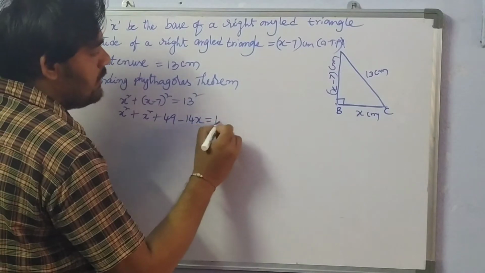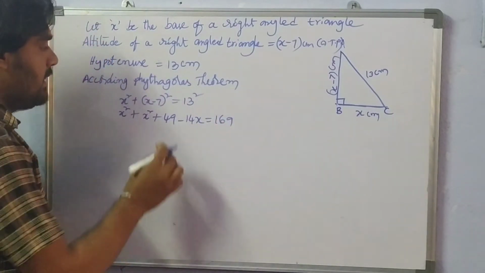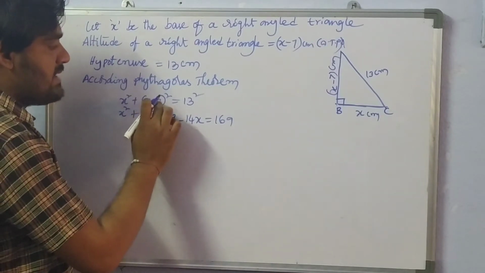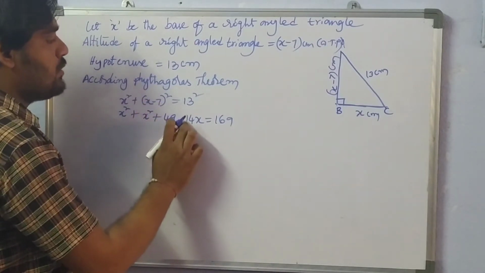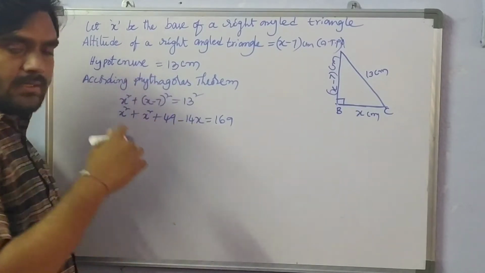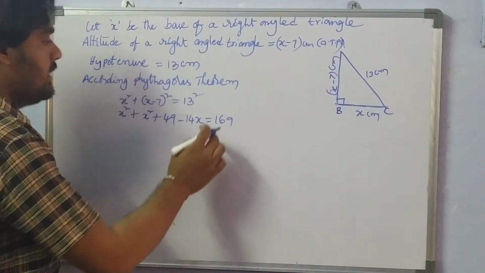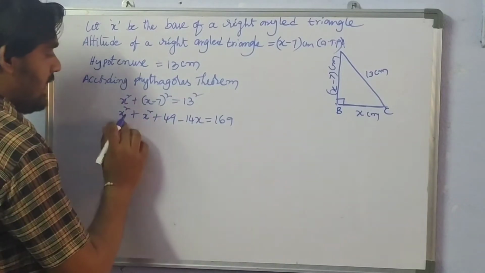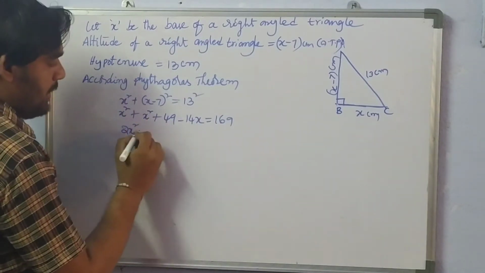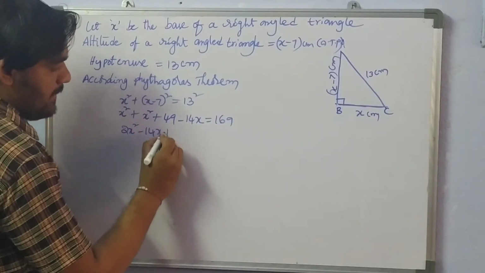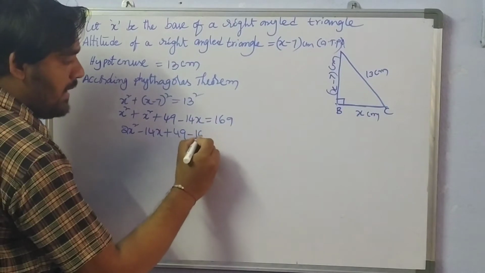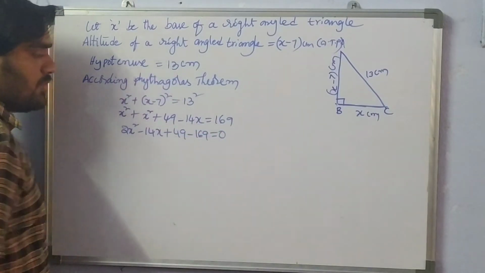That is 14x is equal to 169. Here I am writing directly. A square means x square, b square means 7 square, that is 49, minus 2ab means minus 2 into x into 7, so you get minus 14x, is equal to 169. x square plus x square gives 2x square minus 14x plus 49 minus 169 is equal to 0.